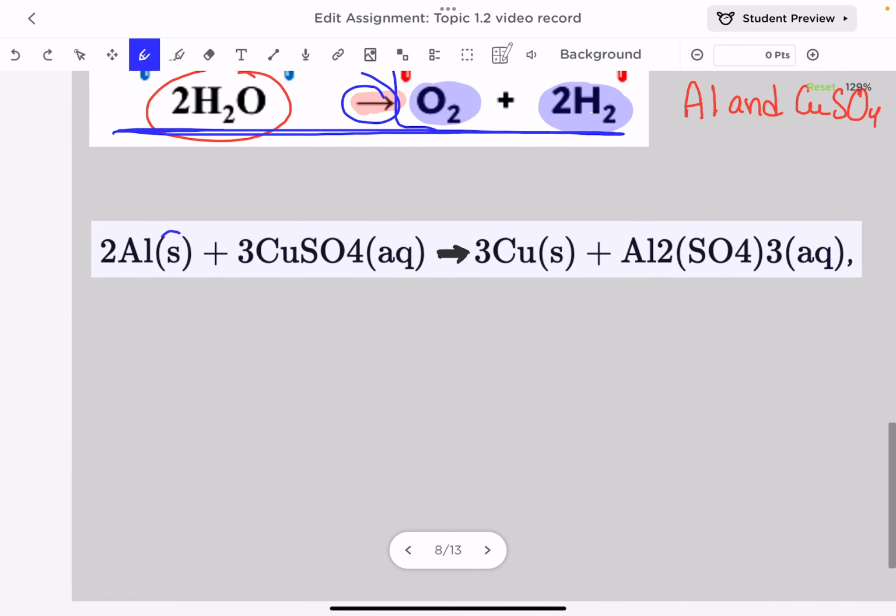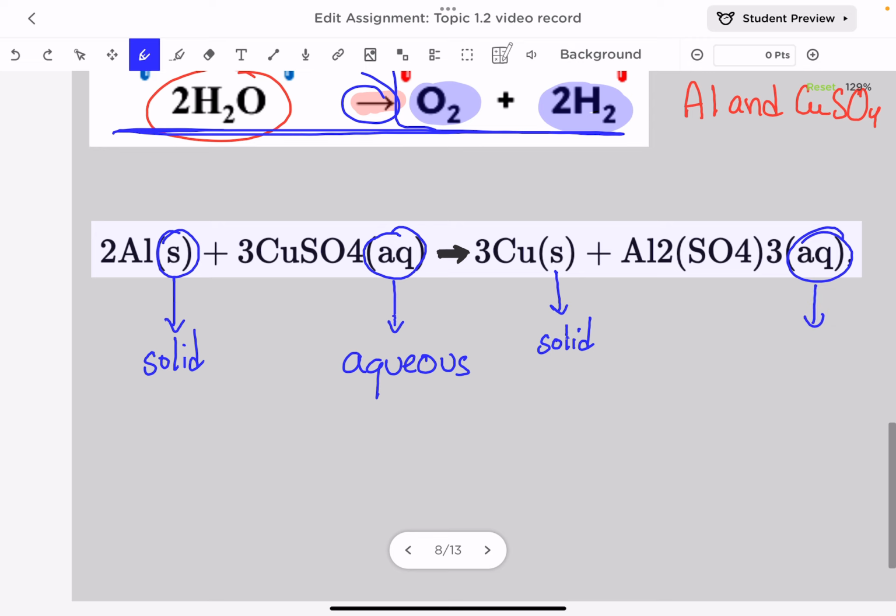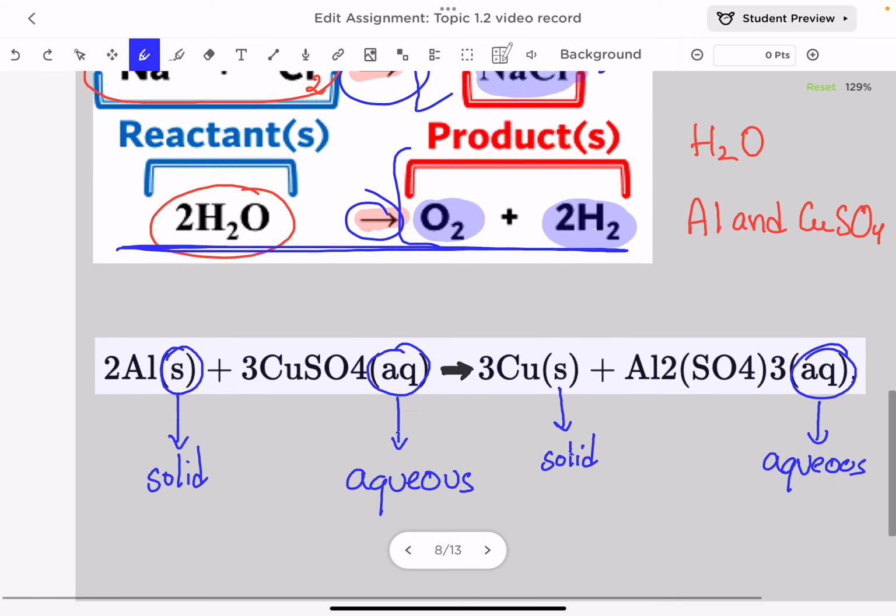Here I have S, which means that the aluminium is a solid. Here I have AQ. It means that this reactant is aqueous, dissolved in water. Again, this is a product, solid copper. And this is a solution product, an aqueous solution.